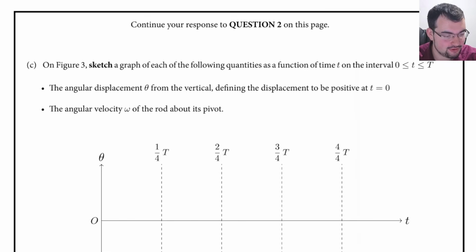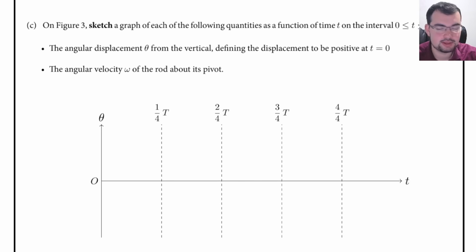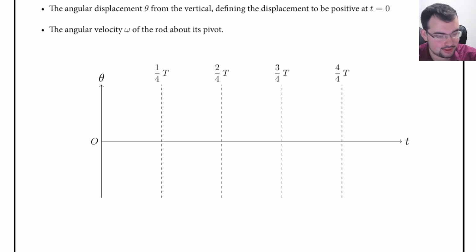Now we got the graph, which actually is not super difficult. The point of this with the small angle approximation is knowing that this will be simple harmonic. So we want the angular displacement, and it says defining the displacement to be positive at t equals 0. So notice we have our angle that sort of is maximized. Then a quarter cycle later, the rod is swung into the vertical position, so theta is 0.